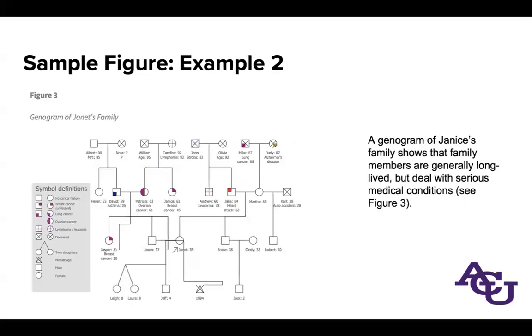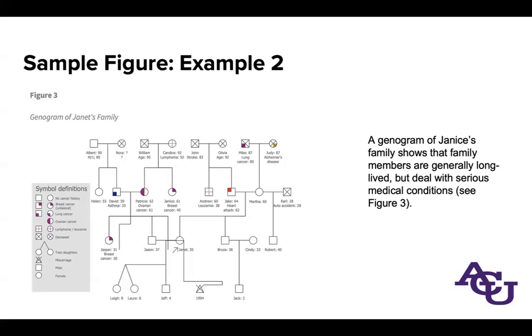Now, let's say we were looking at a health genogram instead. And so we have this genogram of Janet's family. Again, if you're drawing this for your own assignment, there are more details than you'll want to include. But in this case, we have Janet highlighted there with an arrow.